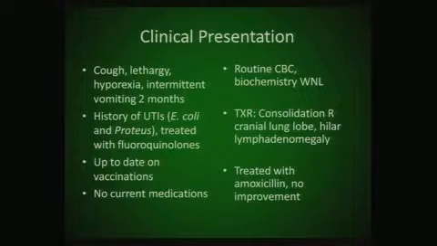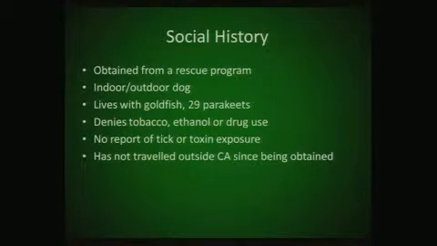Her local veterinarian did some blood work, which showed no abnormal findings at that time. They did some chest radiographs, which showed marked consolidation of her right cranial lung lobe, and some evidence of lymph node enlargement in her perihilar region. And they, again, kind of empirically treated her with amoxicillin, and the owners reported no improvement in response to that, and so she was referred to UC Davis.